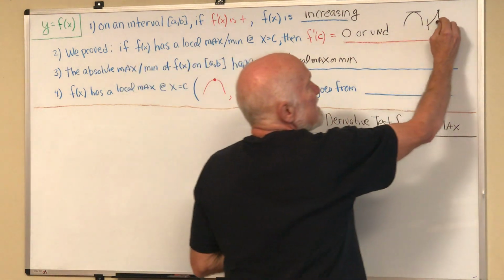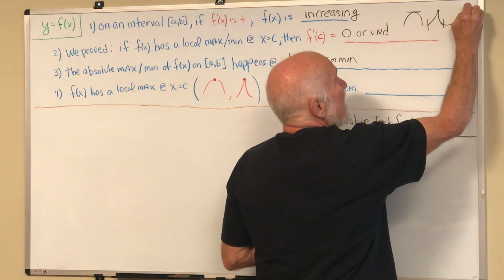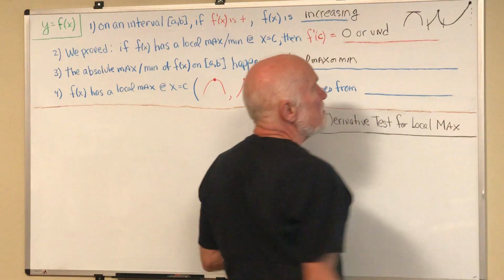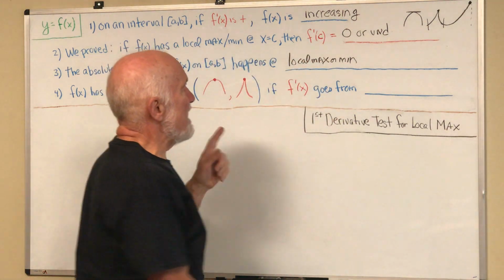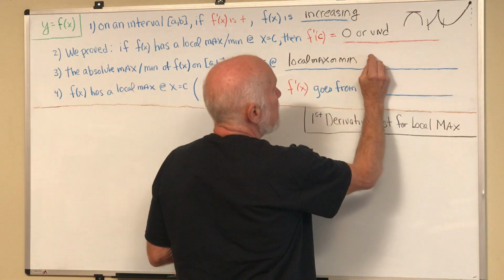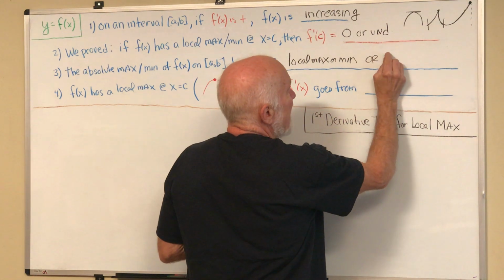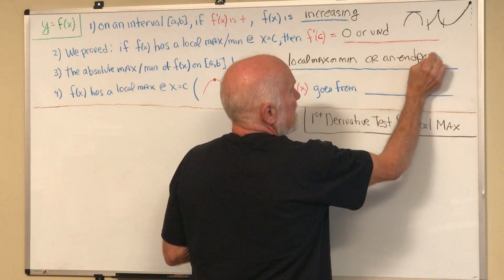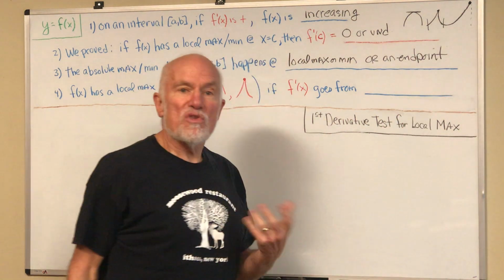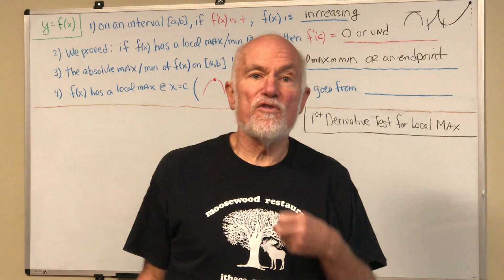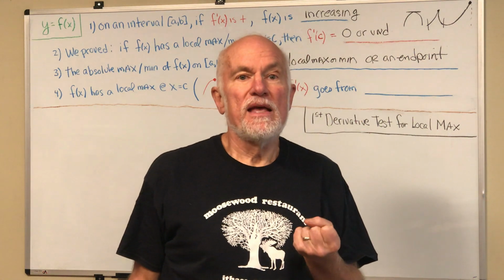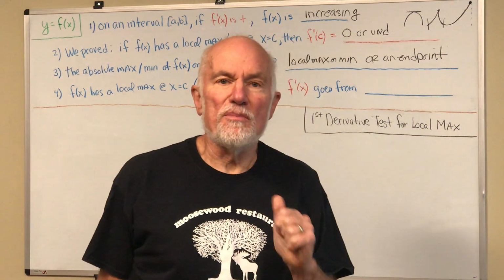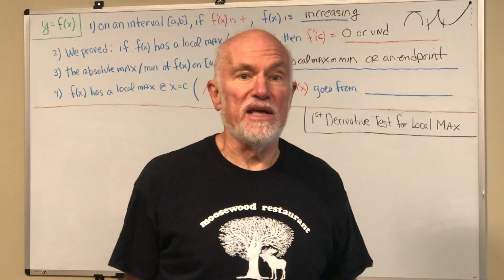But if the domain continued and went like this, and that was the end of the domain, then that could be the absolute max. So the absolute max could happen at an endpoint of the domain. But at least now we know exactly where to look for absolute maximums. And again, we won't really talk about absolute maximums again until a couple more talks, but then we'll talk about it quite a bit.